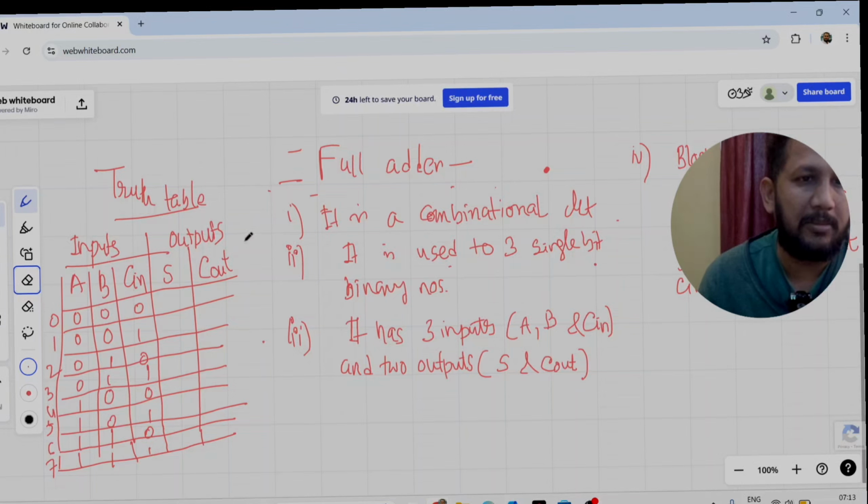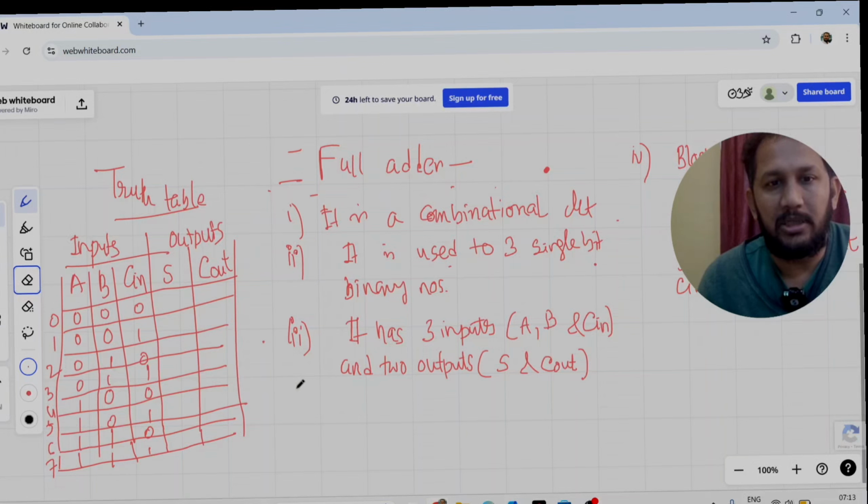Now we need to find sum and carry out for the truth table. For 0, 0, 0: 0 plus 0 means sum 0, and there is no carry, so sum is 0 and C out is also 0. The next one is 0, 0, 1.